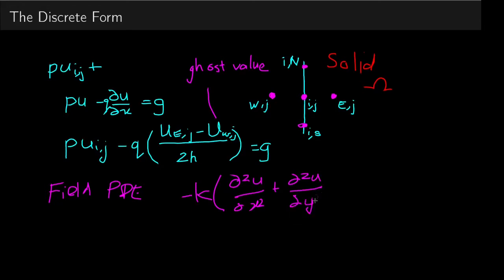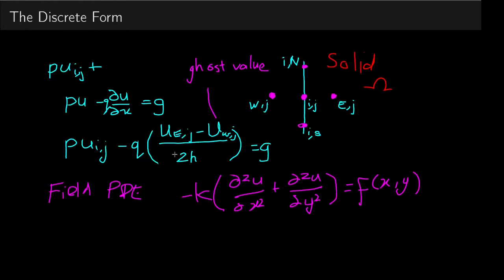As always here, we have this negative k partial square u partial square x plus partial square u and partial y square equals f of x.